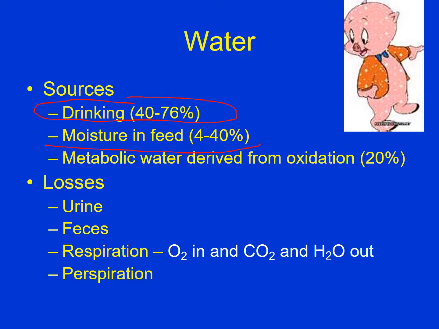Lush pasture, for example, can be over 80% water. And then metabolic activity within the body, and we'll see some examples of that later on in nutrition, we create water as we metabolize some of our foodstuffs. So that's where we get the water from.